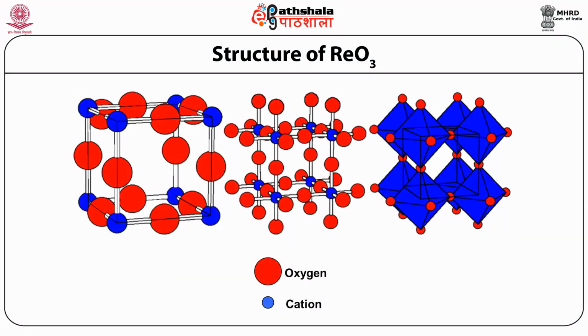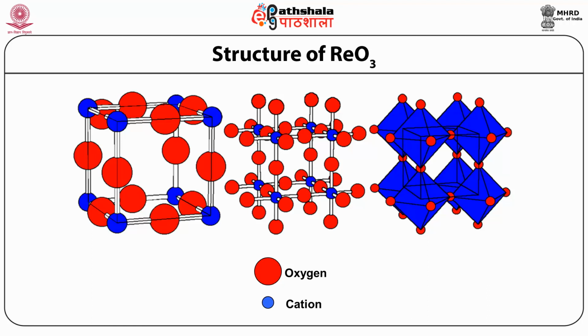Structure of ReO3. So students, you can see 3 figures. All the figures correspond to ReO3 structure. In all the 3 cases, the red atom corresponds to oxygen, whereas the blue atom corresponds to cation.